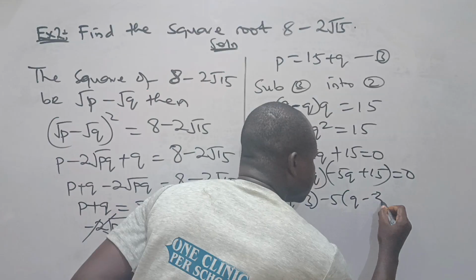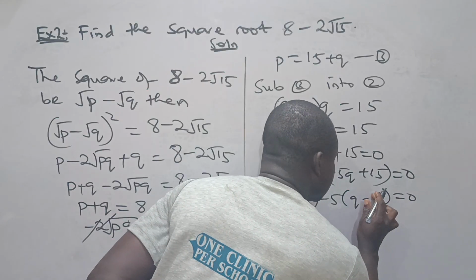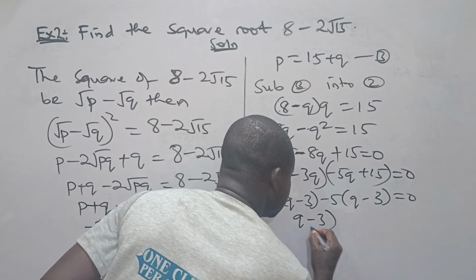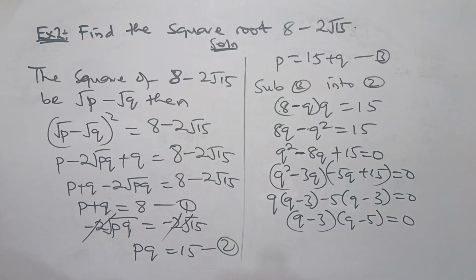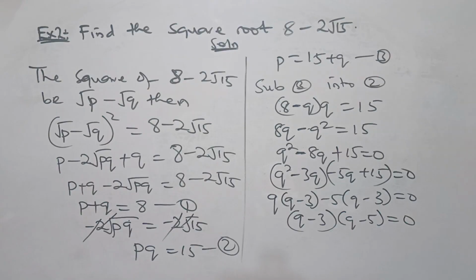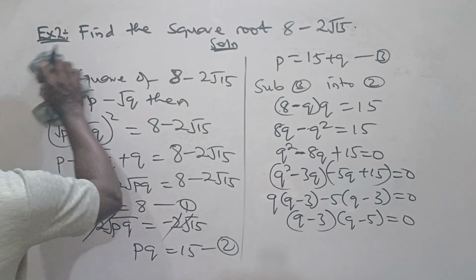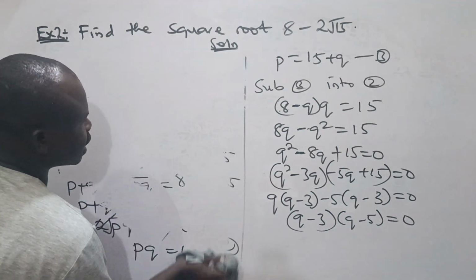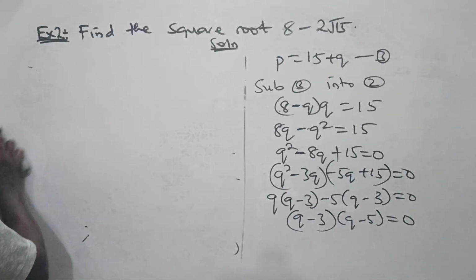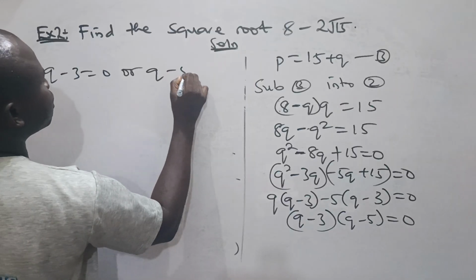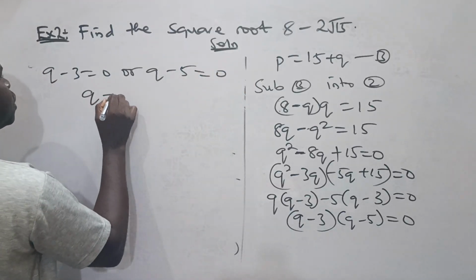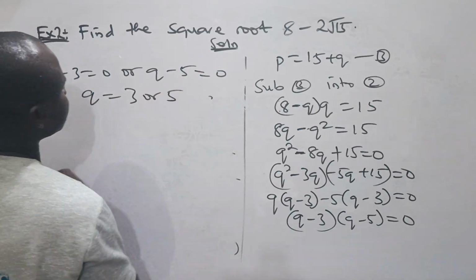We have q minus 3, q minus 5 equal to 0. That's what you are going to get. At the end of the day, we realize that q minus 3 equals 0 or q minus 5 equals 0. So q is equal to 3 or 5.